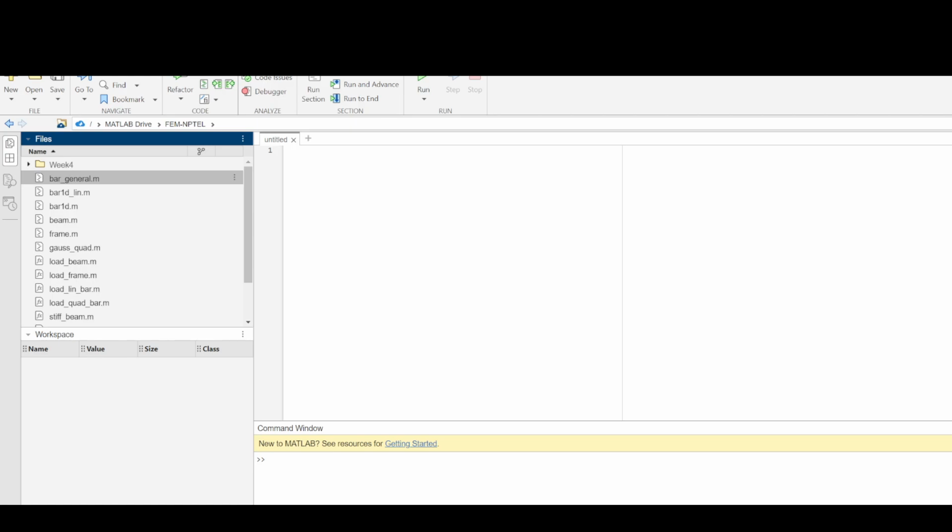So I'll just download it and then copy the code here.